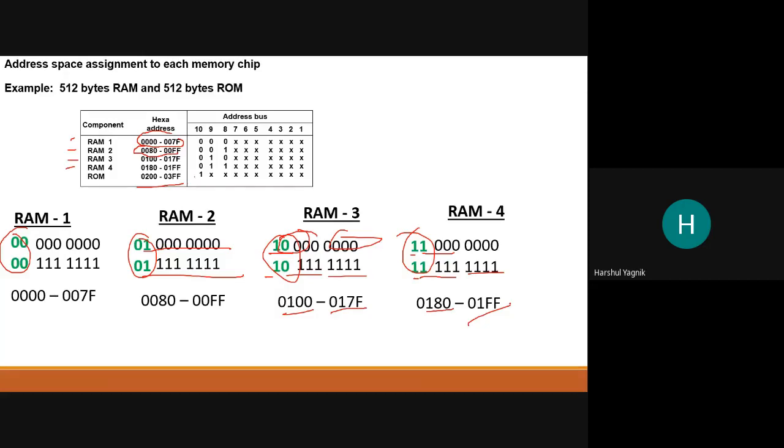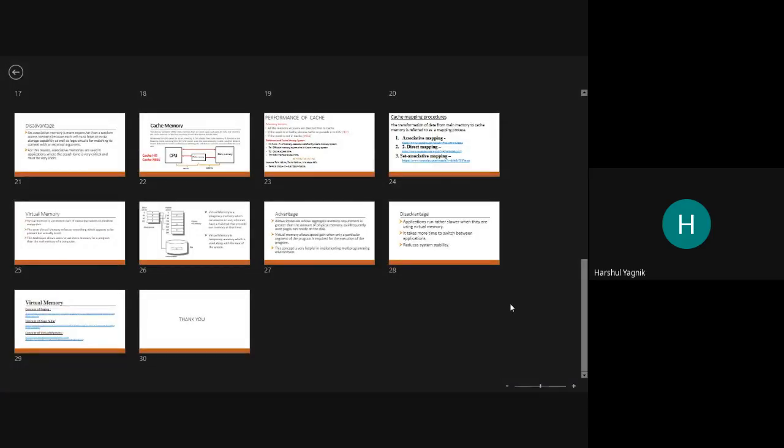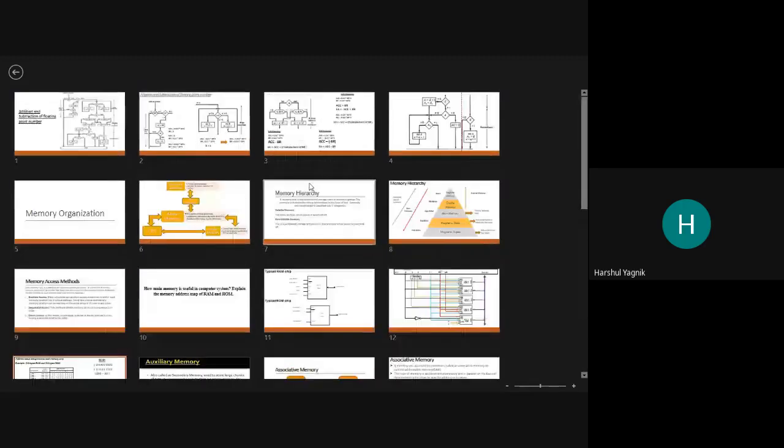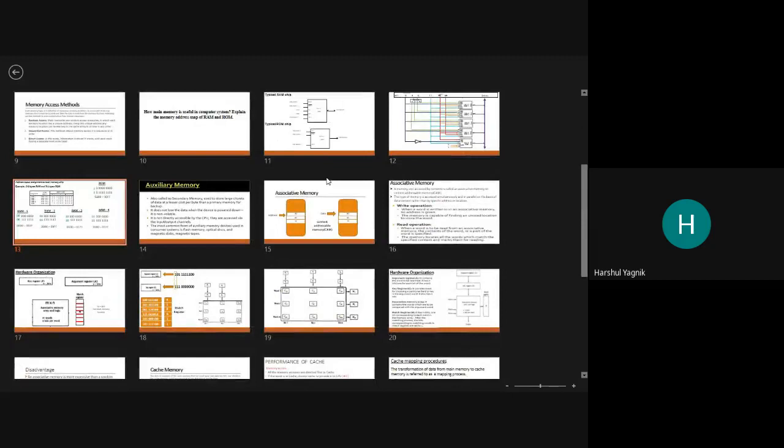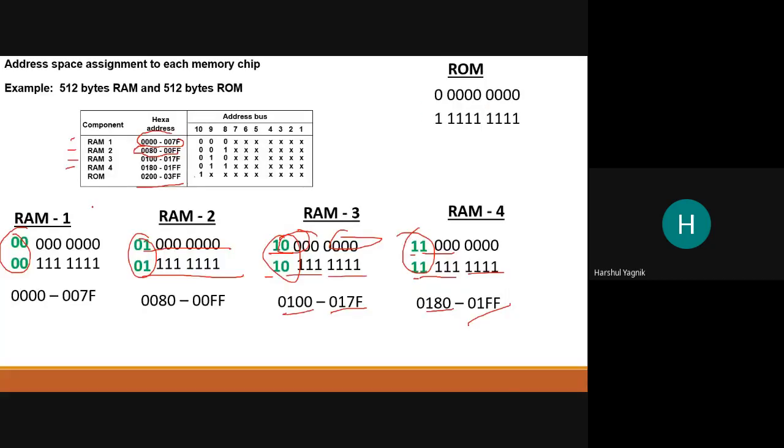We can find out the different possible addresses for a particular RAM. And then for the ROM, there is one more bit, so 1 0 and then all zeros, that is 200. This is 2FF. Sorry, 3FF.